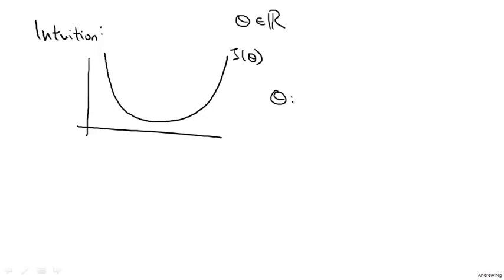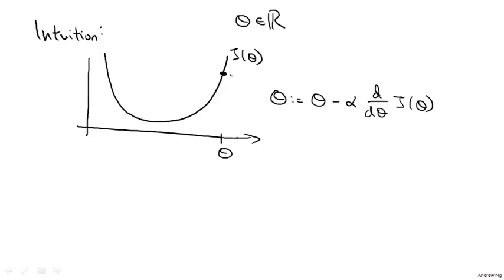Then one iteration of gradient descent would update my real-valued parameter theta as follows. Here I'm using d/d theta instead of the partial derivative symbol, because theta is just a real number rather than a vector. Let's say I start off my value of theta at this point, initially at that point of J of theta.